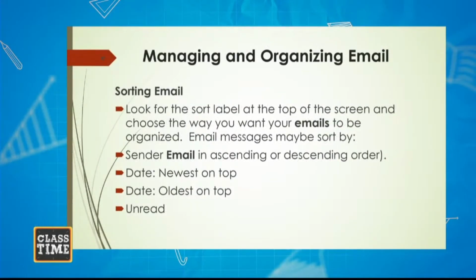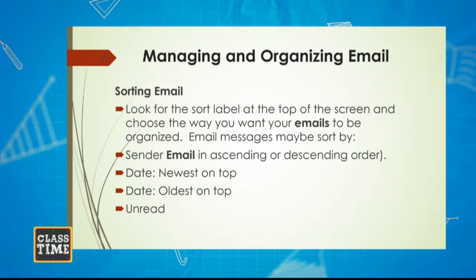So to sort your mail, some persons will use the date. So the most recent mail will be on top. Some persons will have the oldest mail on top. Or some persons will sort based on username. Persons will sort based on the email name.